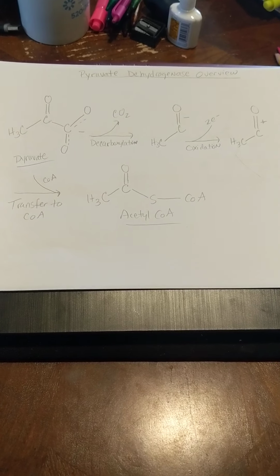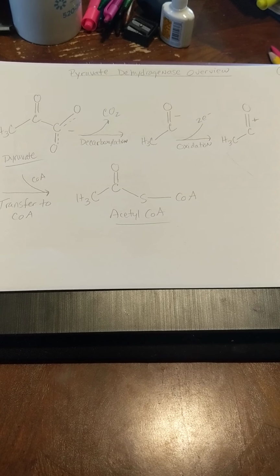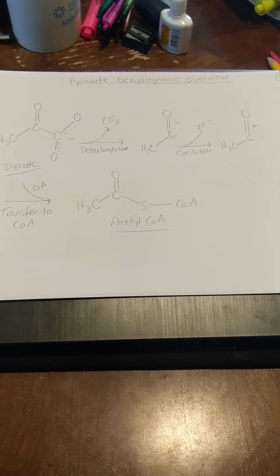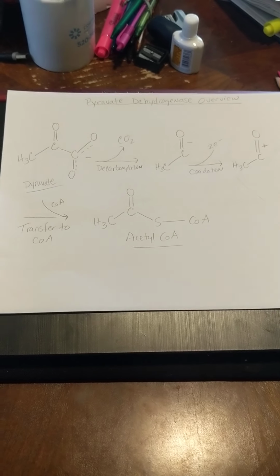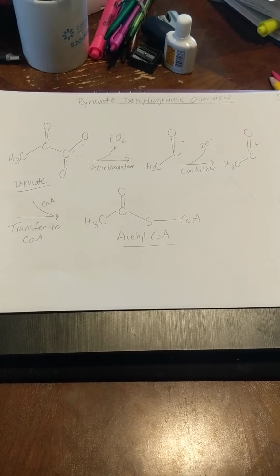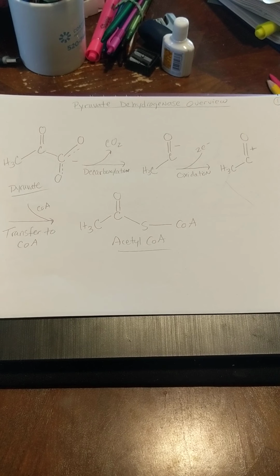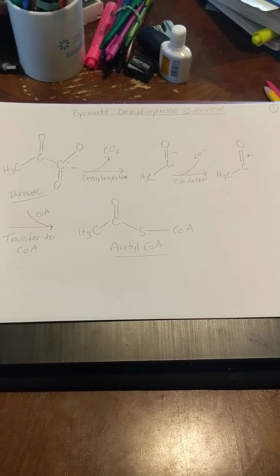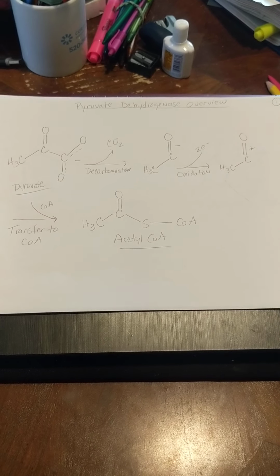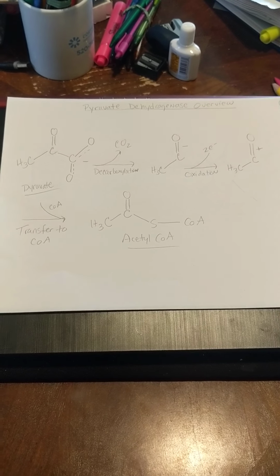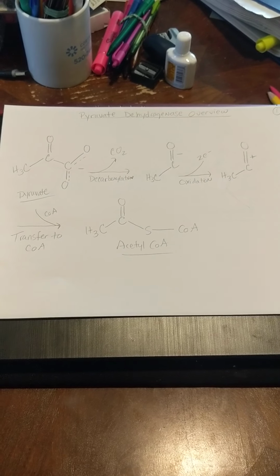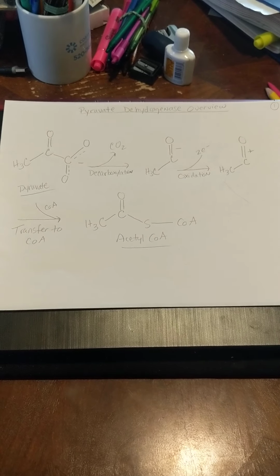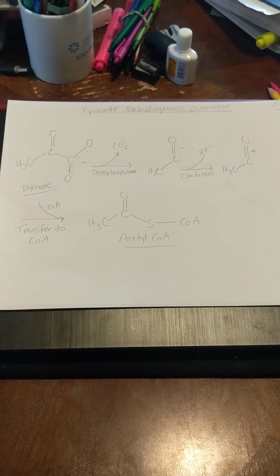So in the mitochondrial matrix, pyruvate is oxidatively decarboxylated by the pyruvate dehydrogenase complex to form acetyl-CoA. The irreversible conversion of pyruvate into acetyl-CoA is the link between glycolysis and the citric acid cycle, also known as the Krebs cycle.